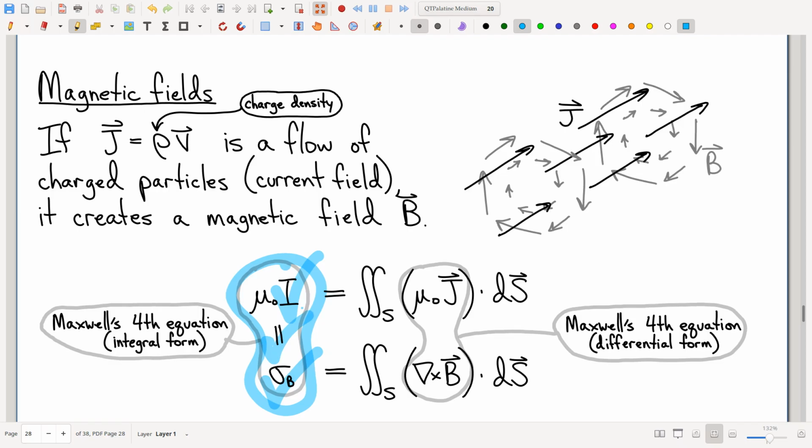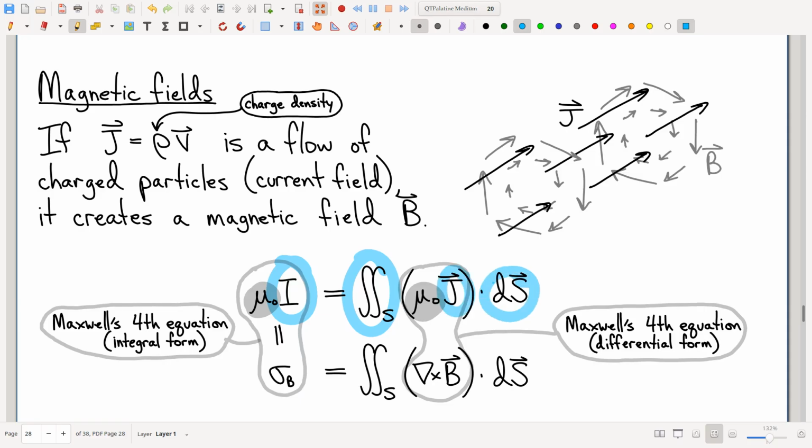And once you empirically notice that, then you can also recall that aside from this constant in here, that's just, of course, a multiplicative constant, not interesting, current is literally the flux of the current field. That's kind of the definition of the current field.